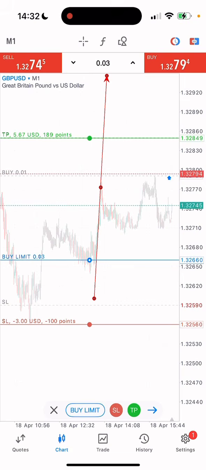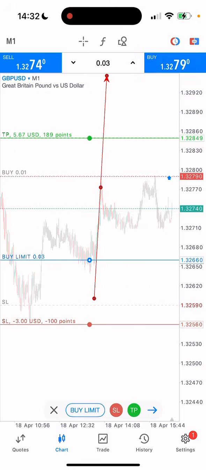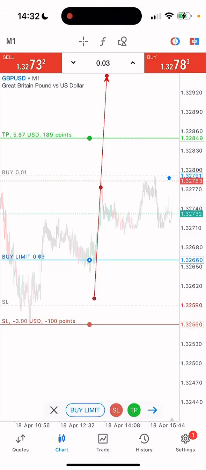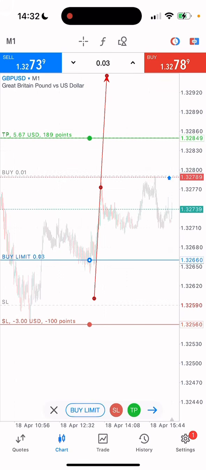So if I open the same trade with 0.03, because the $2 I'm risking with 0.01 and the 3 from the 0.03 are multiplied together, I'll be risking $6. Meaning if I'm risking $2 with 0.01, I'm risking $6 with 0.03.